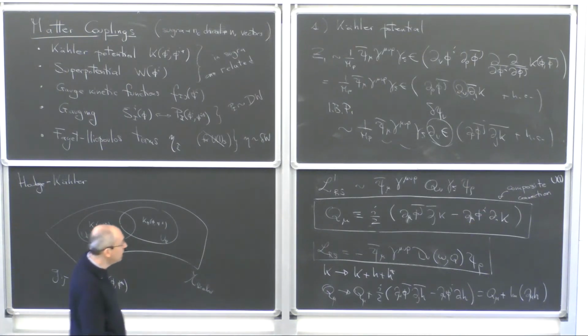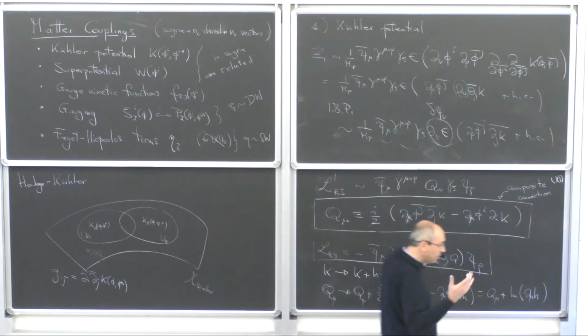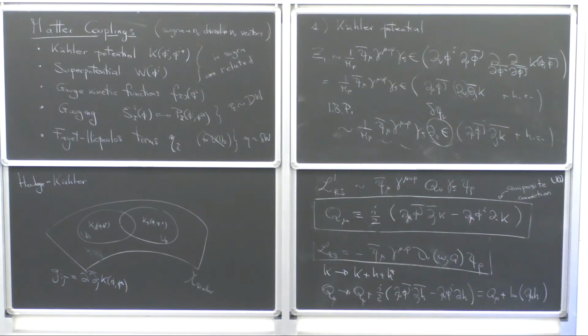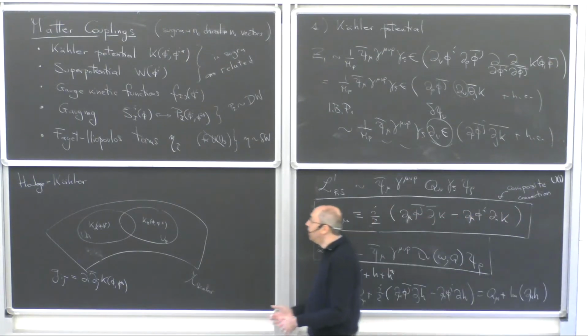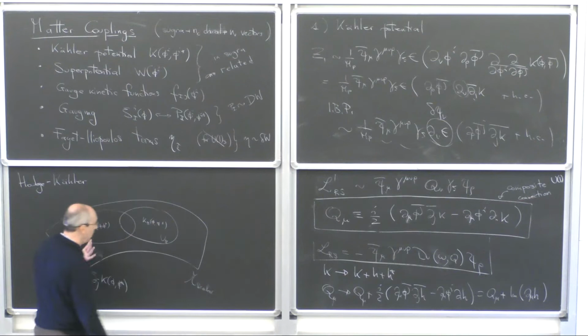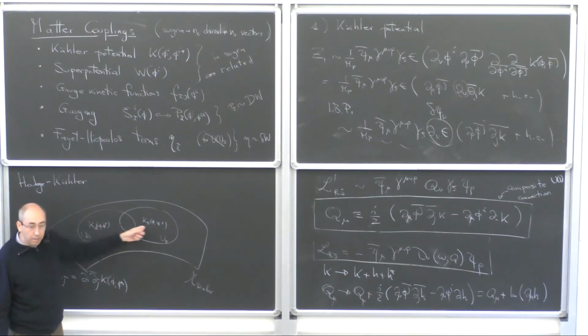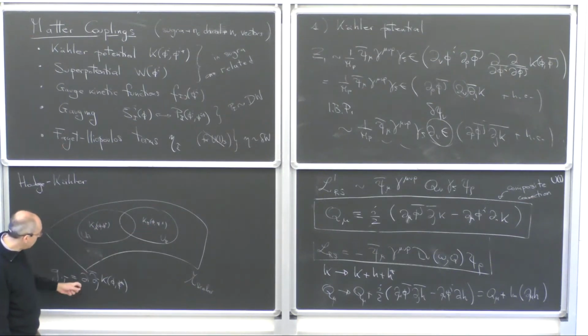Now you eventually want that these scalar transformations are such that your theory does not depend on those, no? Just like in global supersymmetry. In global supersymmetry, that was trivial. You could define different Kähler potentials related by a Kähler transformation.